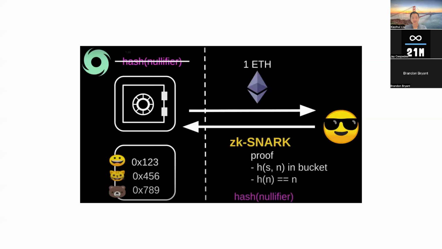So the solution is that when you make the deposit, instead of including the hash nullifier along with the deposit, you just don't do that at all. You make the deposit without the hash nullifier. Then when you want to make the withdrawal, that's when you add the nullifier, so that people have a reference to make sure you're not able to withdraw more than once. Is that correct? Exactly.